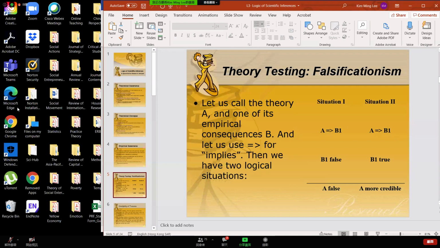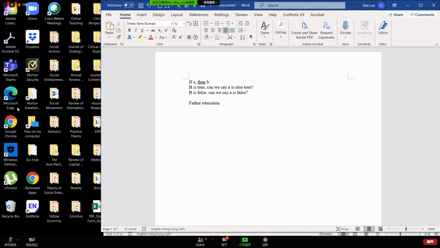Our original theory is: does father's education cause or affect the respondent's education? So this is our theory. We try to measure, for example, the years the father spent in school.